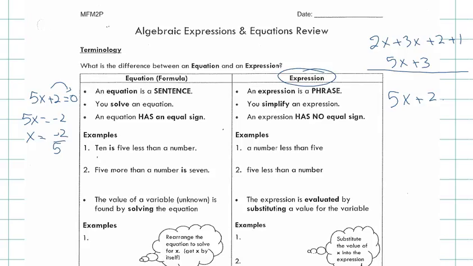What does the word is mean in an equation, in a mathematical equation? What do you think? Product. That is your final product. What can I put instead of that is? Positive, negative, multiplication, division, equal sign. What do you think? 10 is 5 less than a number.